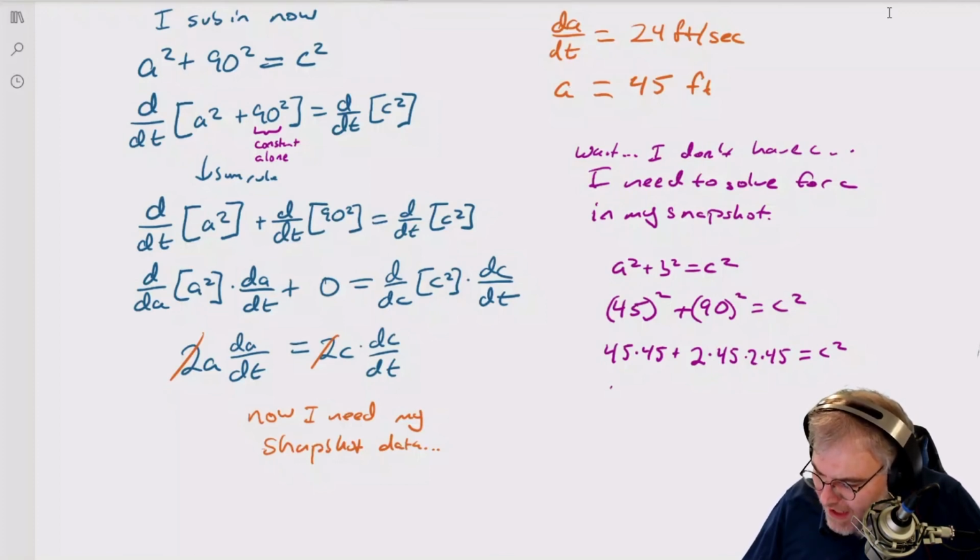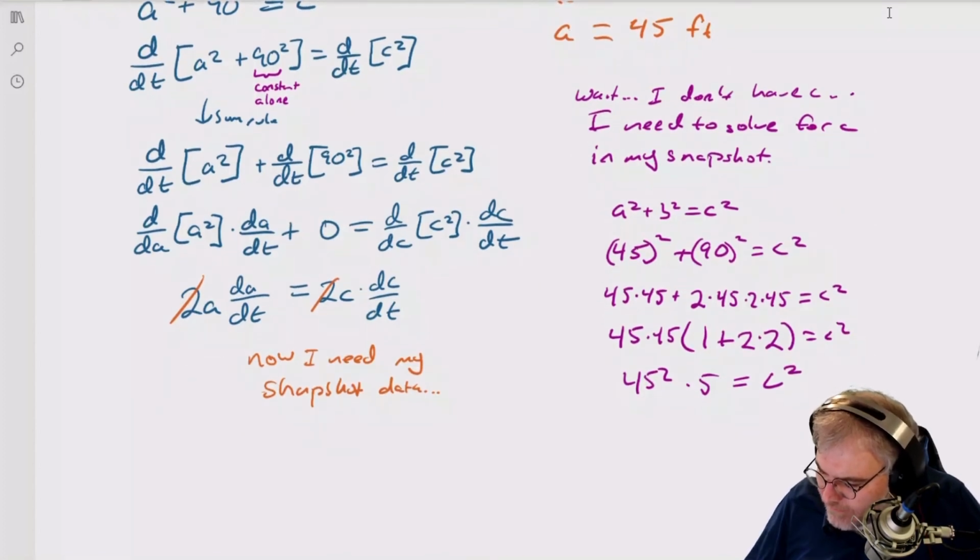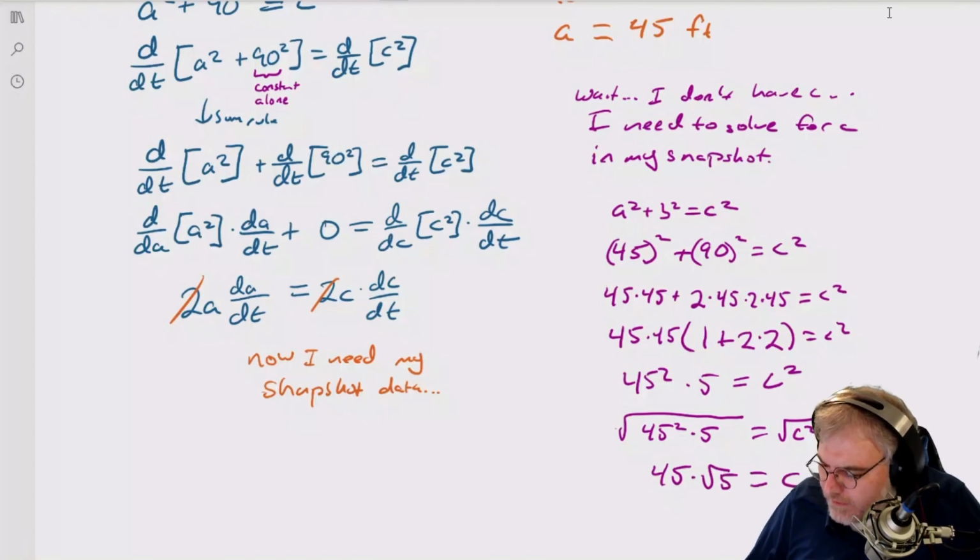And I'm going to get 45 times 45, 1 plus 2 times 2. So this becomes 45 squared times 5. So I take the square root of both sides and I wind up with 45 times the square root of 5 equals c.